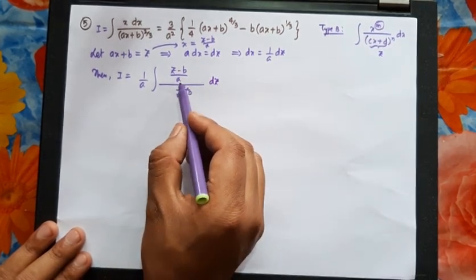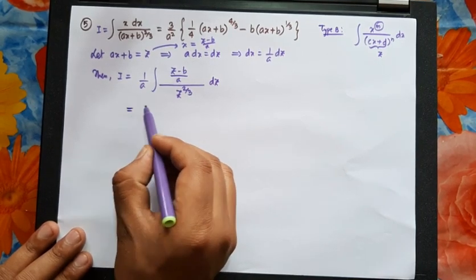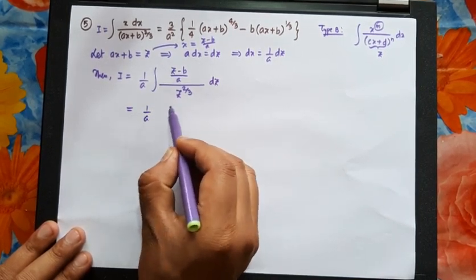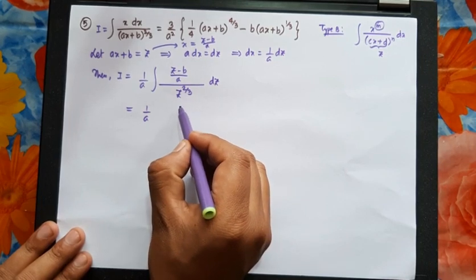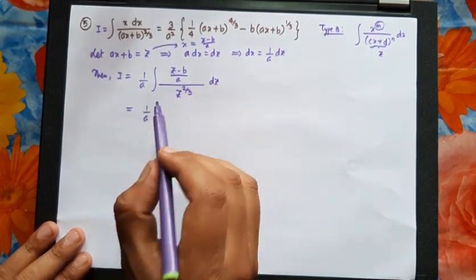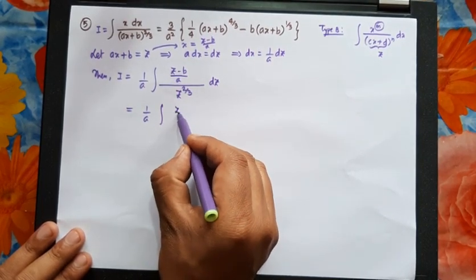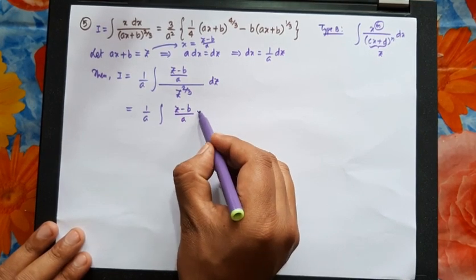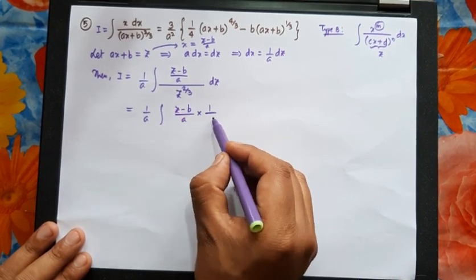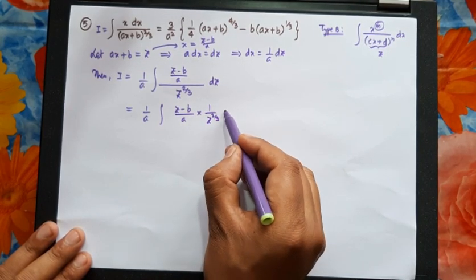Let's simplify this. I'll get 1 by a, and this is z to the power 2 by 3 in the denominator. If I invert it, I'll get (z minus b) whole divided by a, and this divided by becomes the reciprocal, that is 1 by z to the power 2 by 3 dz.